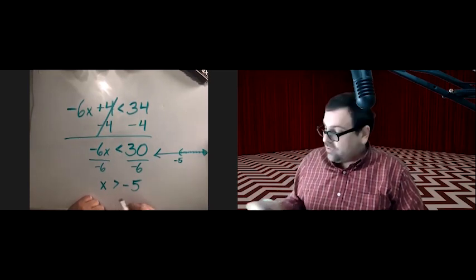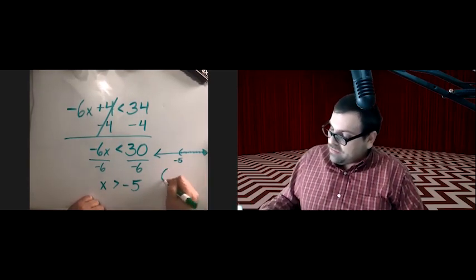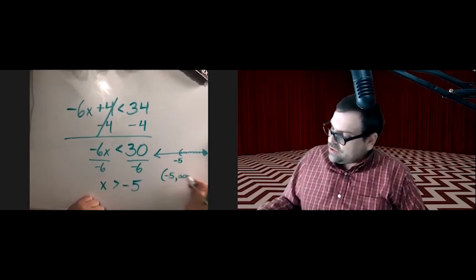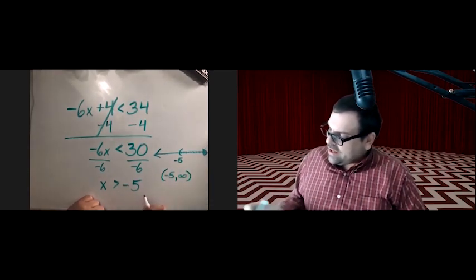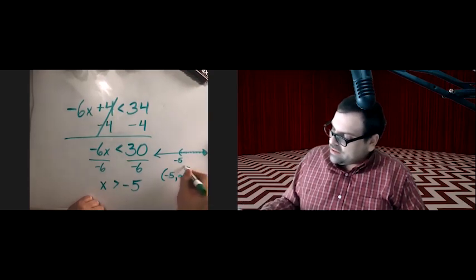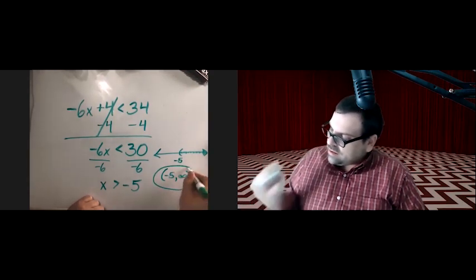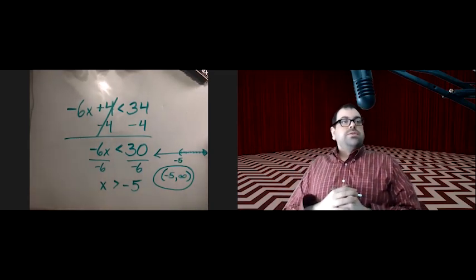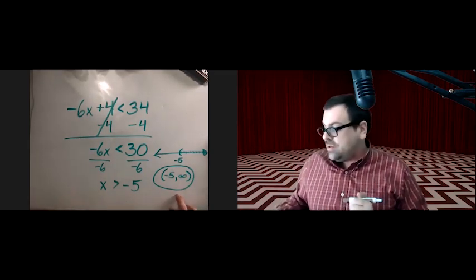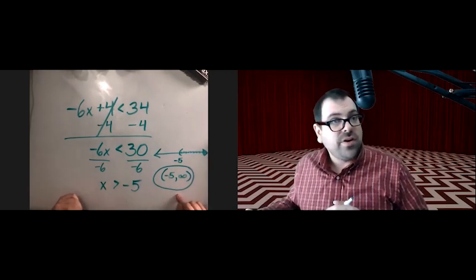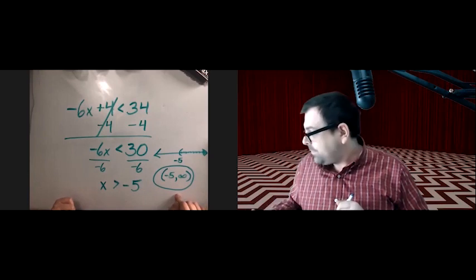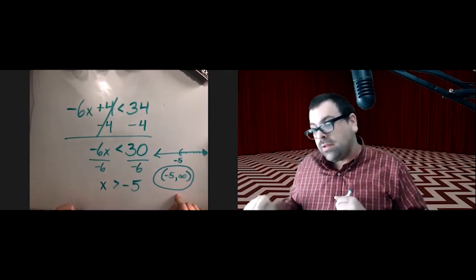Our answer in interval notation, we can see from that would be a parenthesis at negative 5, and it goes to infinity. Infinity always takes a parenthesis. So the answer in interval notation, parenthesis, negative 5, comma, infinity, parenthesis. Let's do another.